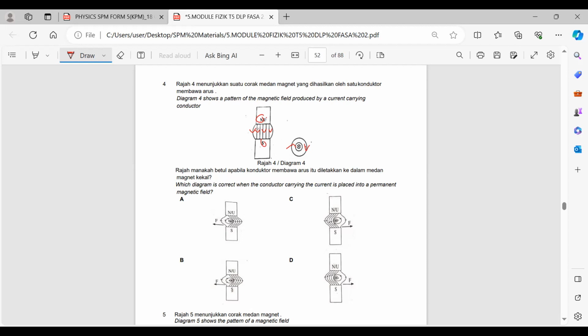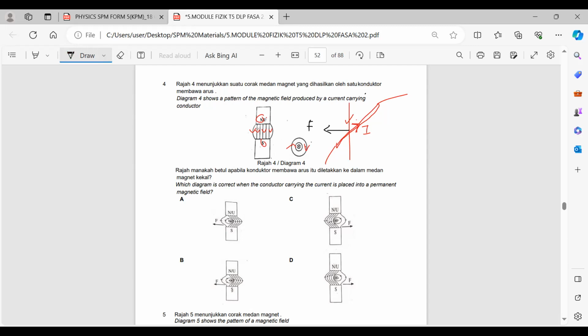when you use your Fleming left hand rule, this is the conductor, and draw a side view of the conductor. The current is flowing into the page. The magnetic field of the permanent magnet is acting downward. So the current is flowing in, magnetic field is acting downward, and you can see your thumb will be pointing to the left.